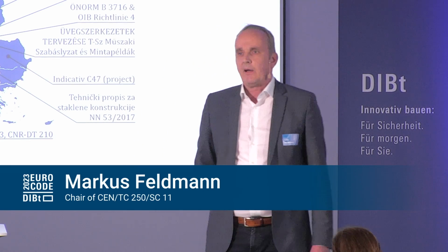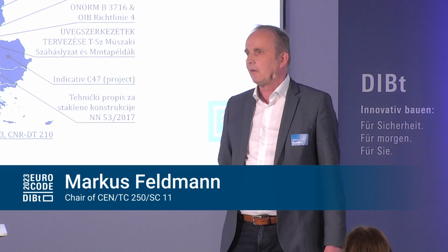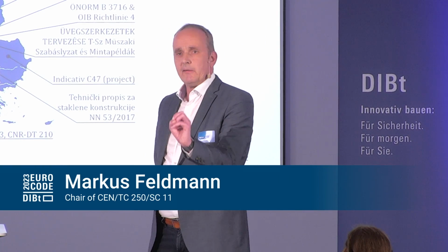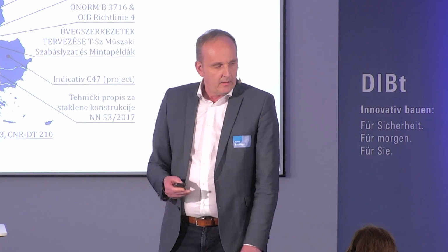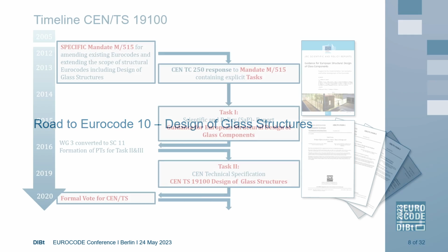The question is how to cope with this mess of different standards, and how to condense a design standard for structural glass. That is what we are coping with, and that gives me the route to Eurocode 10, design of glass structures.